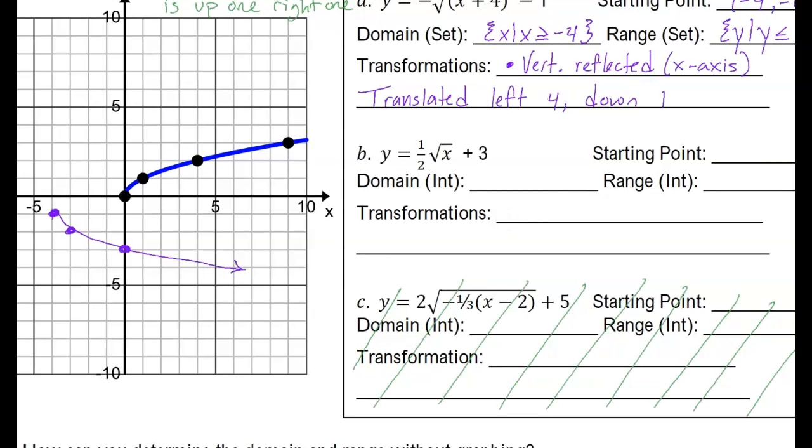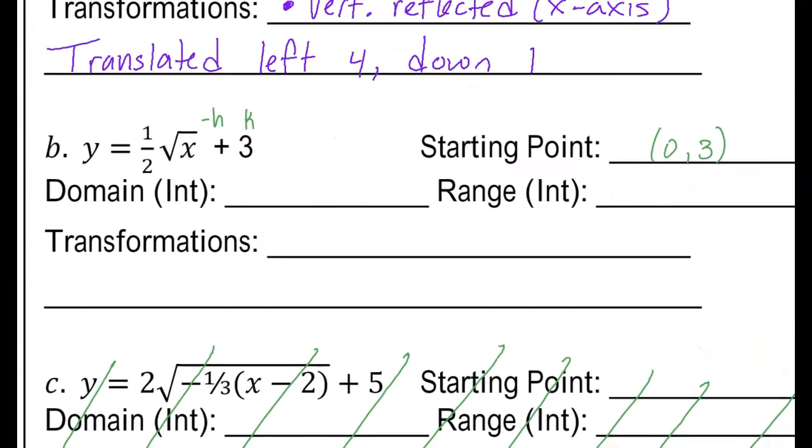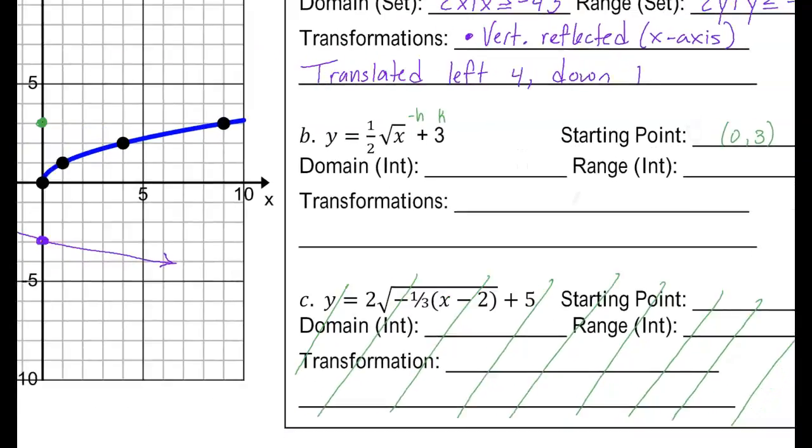Okay. So now, we're going to graph y equals 1/2 square root of x plus 3. So our starting point is 0, 3 because we don't have an h and our k is 3.